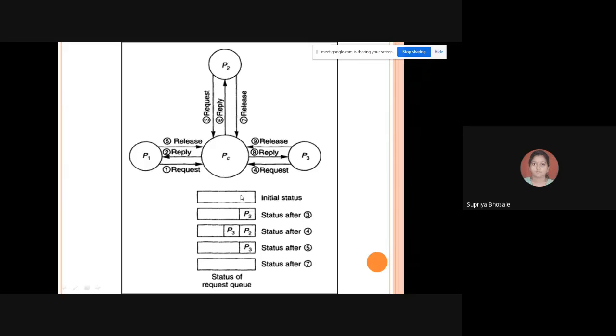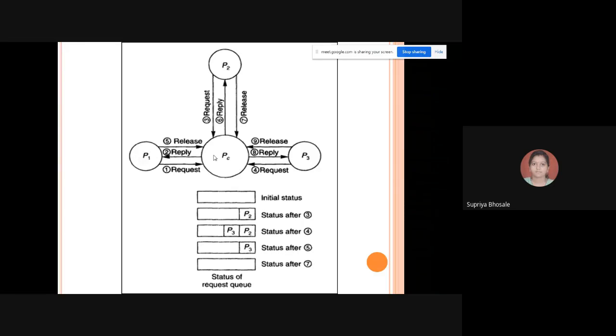That means the queue is empty, so no other process has sent a request for the critical section. Okay, so now, since there is no other process in the critical section, PC will immediately send back the reply message granting the permission to P1 to enter the critical section.